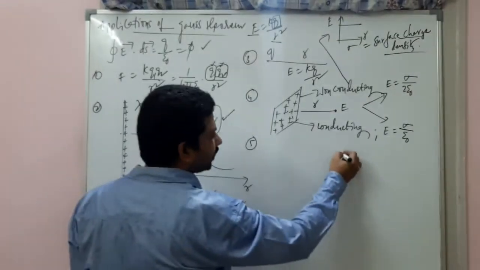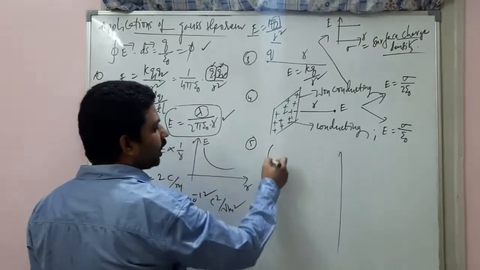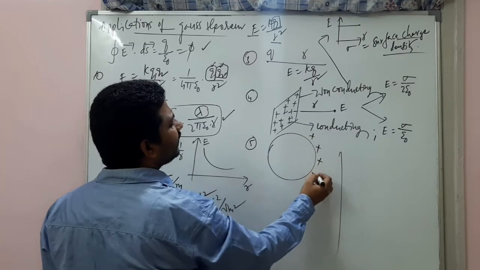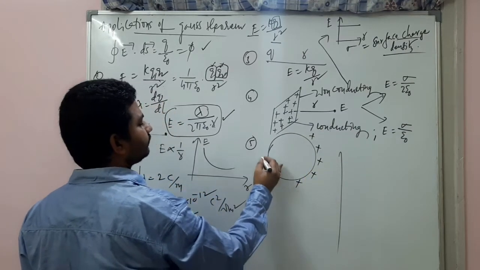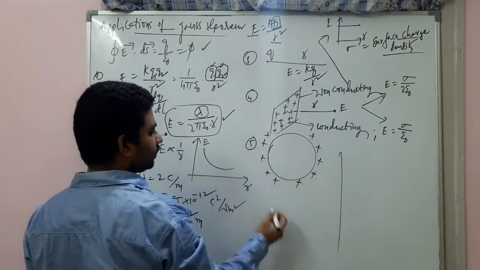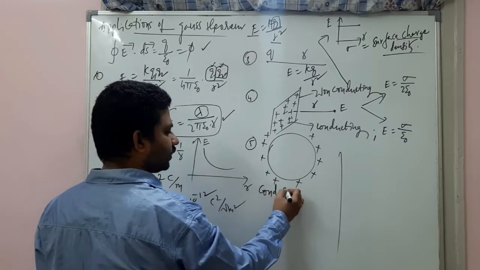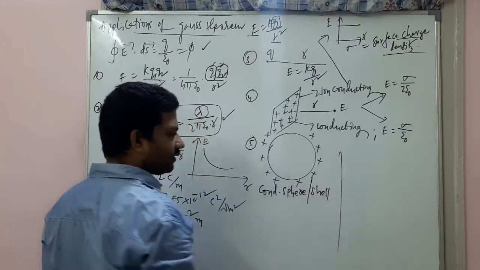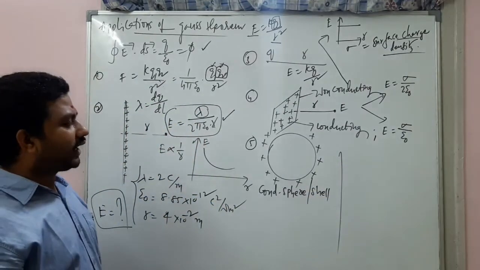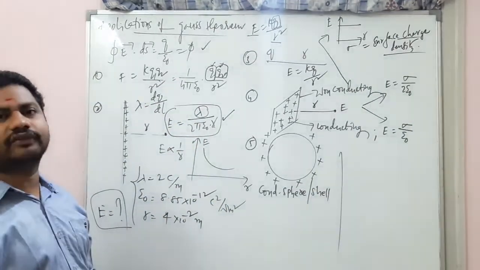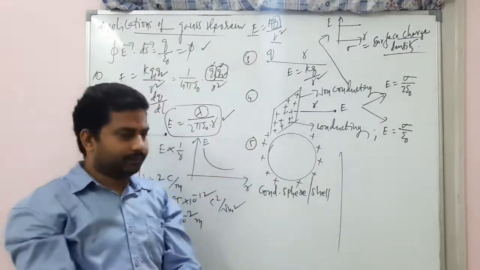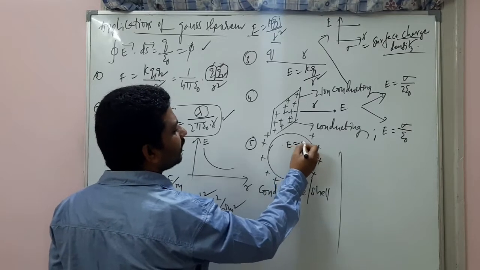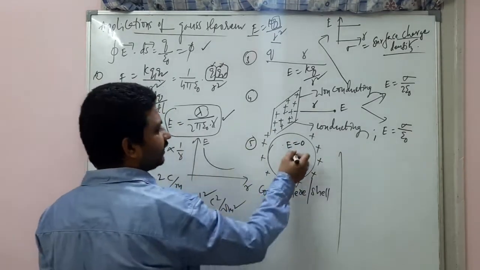Here two things I wanted to mention. Number 1 is a conducting sphere or a shell, where the charges will be distributed on the surface. In this case, inside electric field is 0, at any point you take from the center.